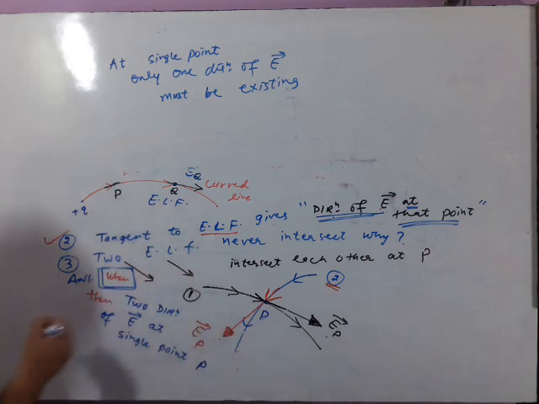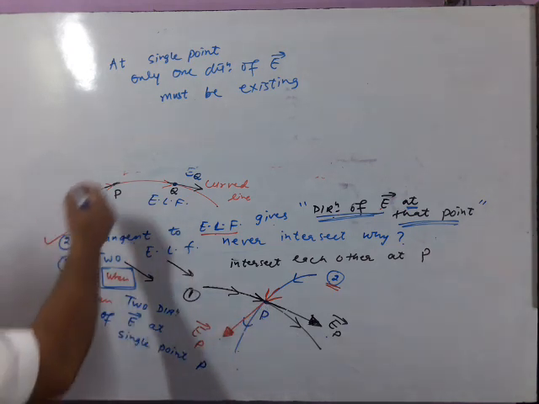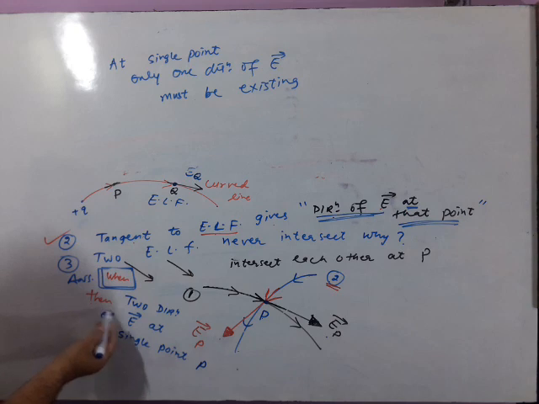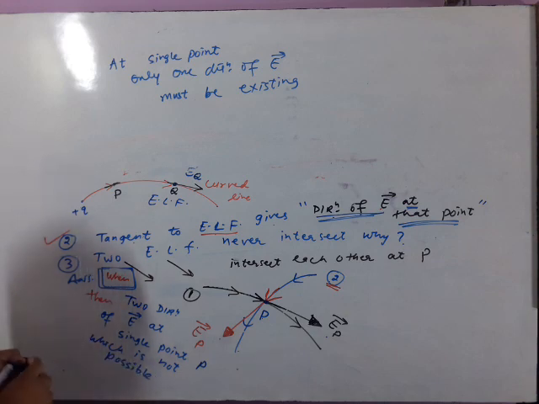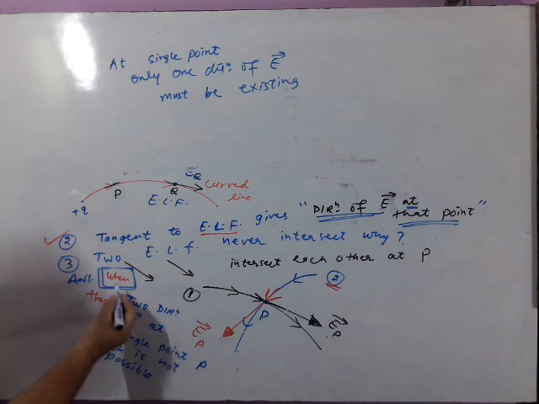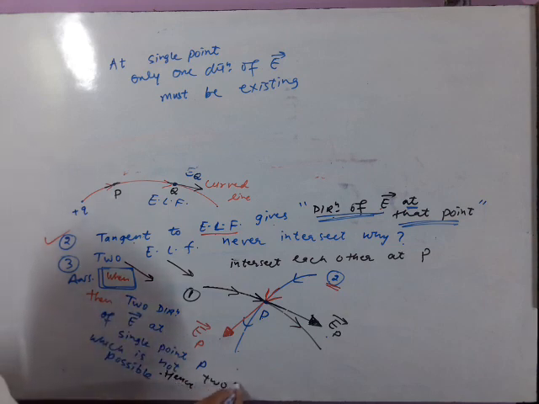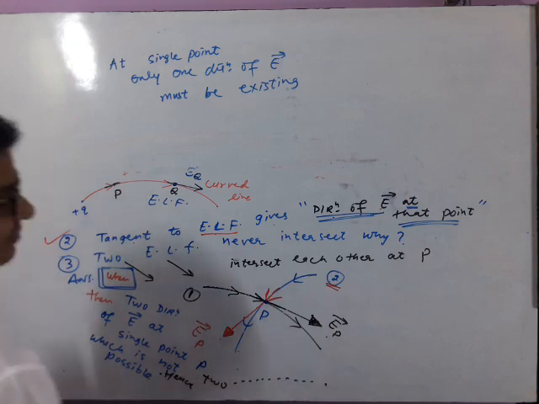It is not possible. So we write it like this: two directions of electric field at a single point, which is not possible. Hence, two electric lines of force never intersect each other.